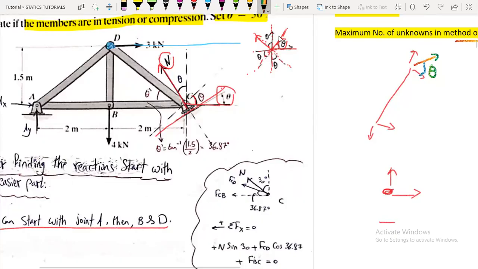So here theta is 30, and here it will also be theta, which is 30 degrees, and here 30, and here 30. So here it's 30 with the y-axis.